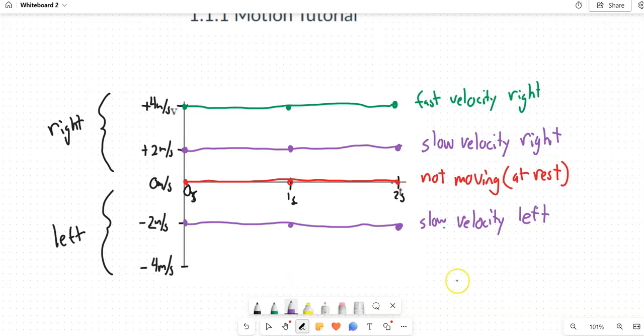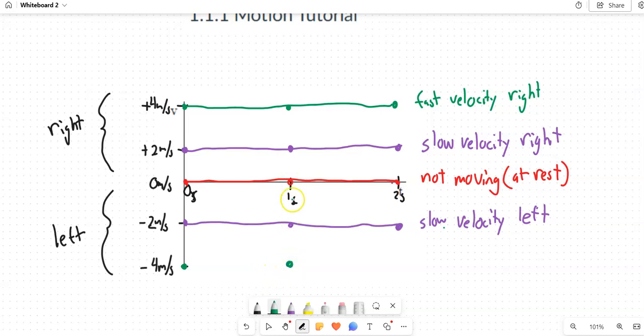If an object is traveling faster while moving to the left, and we're going to call 4 meters per second greater than 2 meters per second, again, it's further away from that 0, that horizontal axis. An object is traveling at negative 4 meters per second at 0 seconds.